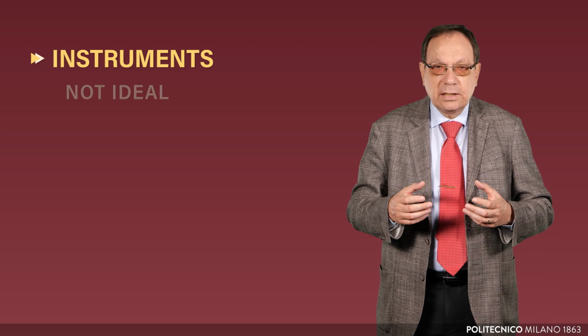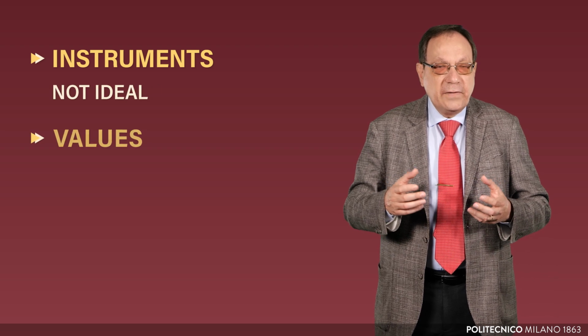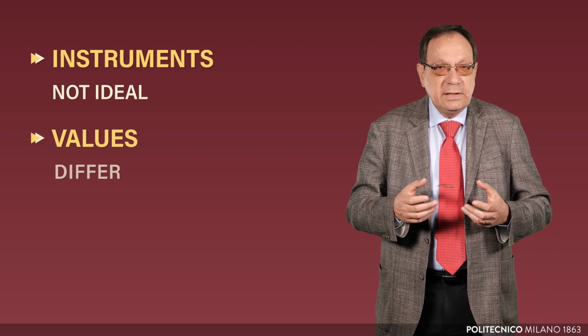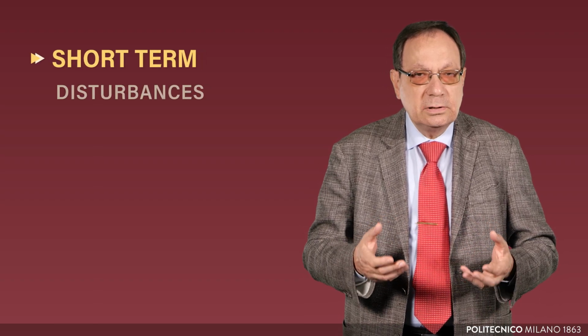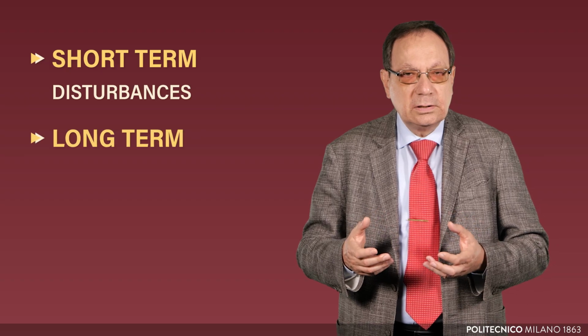Let's see what it depends on. We know that the instruments used are not ideal. The values they produce may differ from the value of the measurand. If you repeat the measurement of the same measurand, they may give different values both in the short term due to disturbances and in the long term due to drift. Let's consider, for example, a scale.